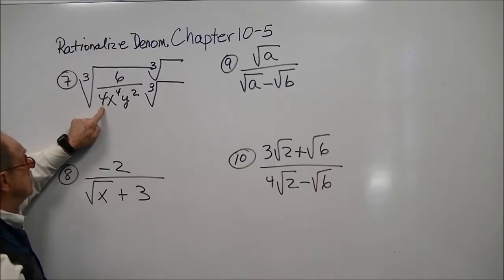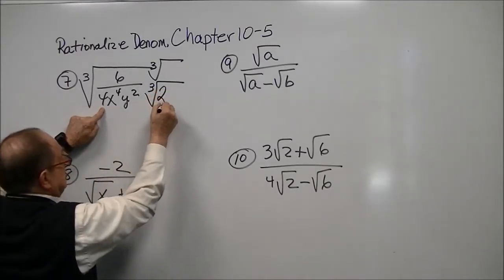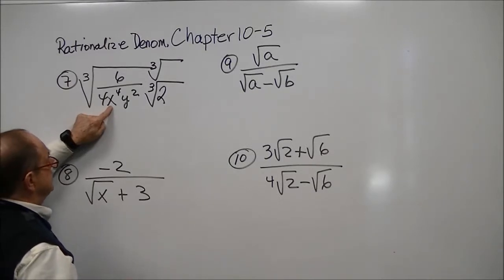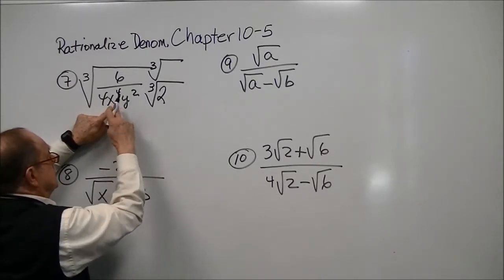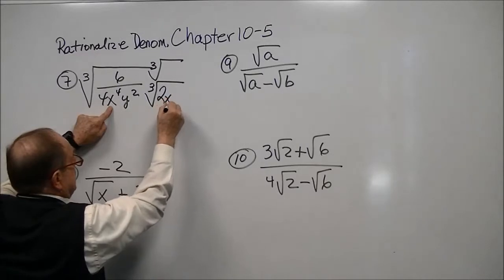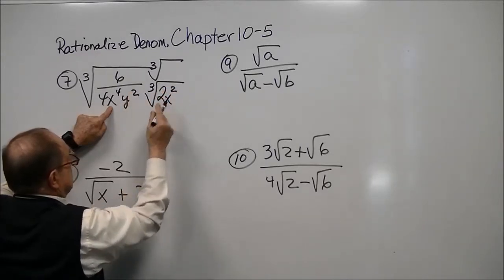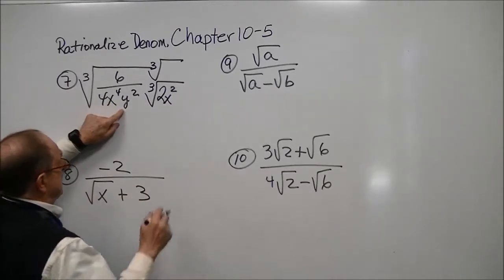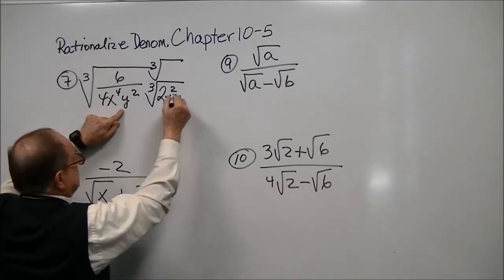So to make that 4 a perfect cube, we just have to multiply it by 2. And this x, to make it x to the 4th a perfect cube, x to the 2nd, which will make this x to the 6th. And just one more y.